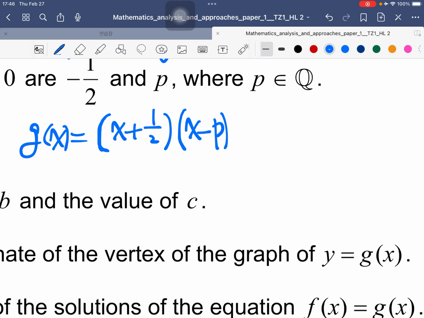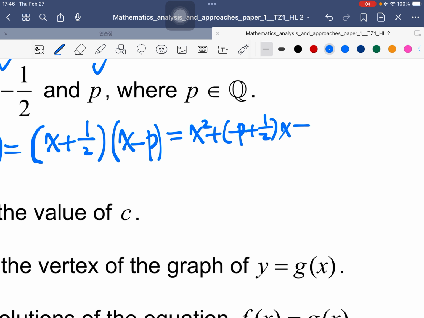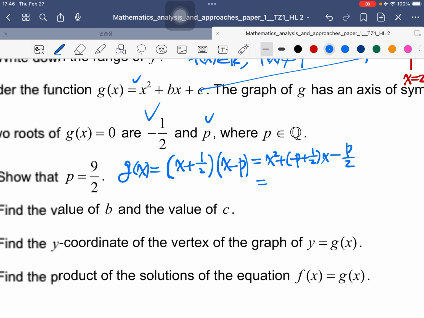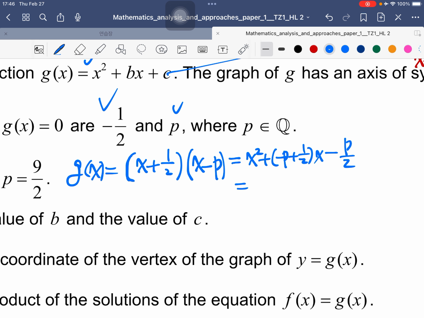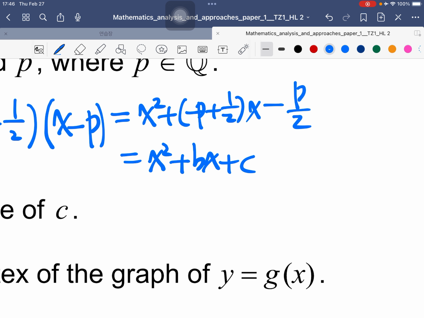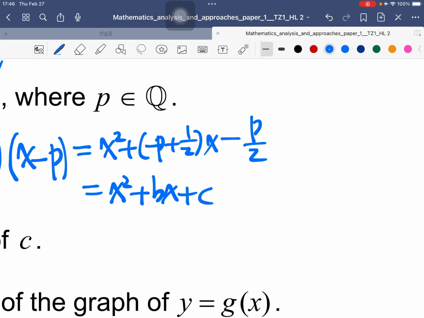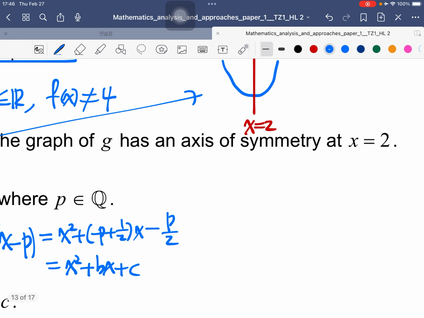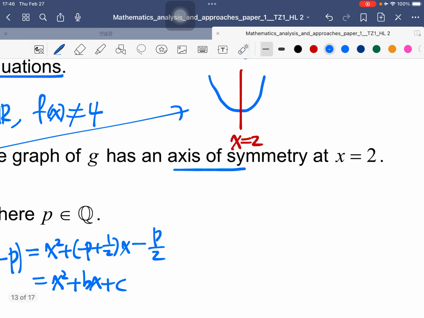And then we can expand this one, and it will become x squared plus (minus p plus 1 over 2) x minus p over 2. This one should be the same as x squared plus bx plus c. And the other fact over here, the axis of symmetry is when x equals 2.